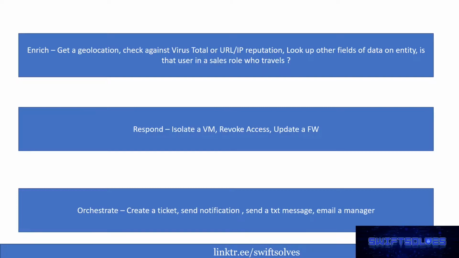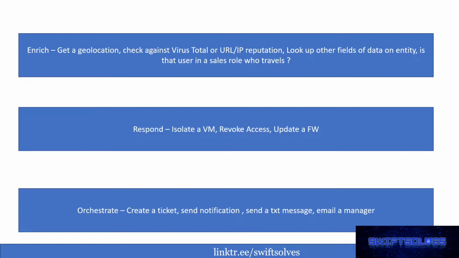The other types of automation that we see out there are responses into the management plane of Azure. And what I mean by that is simply during a security incident, maybe someone wants to isolate a virtual machine, or they want to revoke access to an Azure AD account, or maybe they want to update a firewall with some additional IP addresses to block.